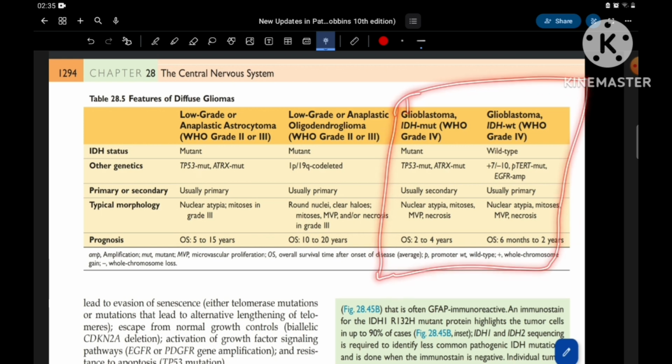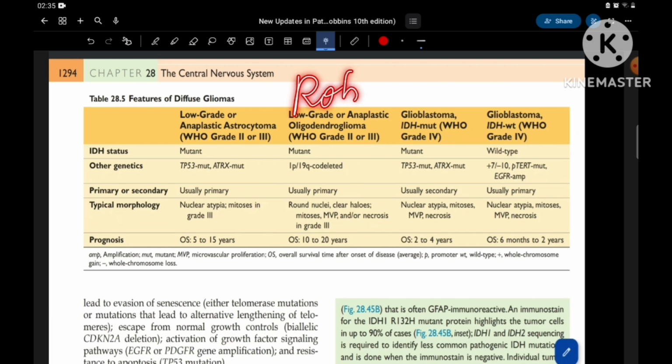So earlier there were no types, but here they have given types. Guys, any textbook will not simply add an update. The update should be so significant, then only they will add it in their edition. Robbins, Bailey, Harrison, they are all standard textbooks, so they will not just add an update as such.